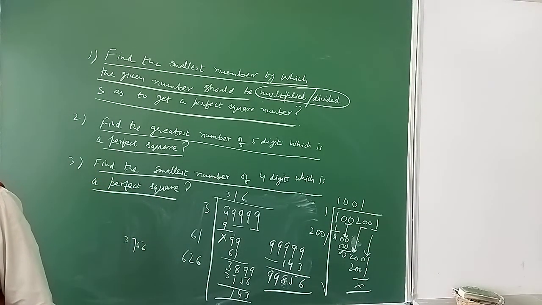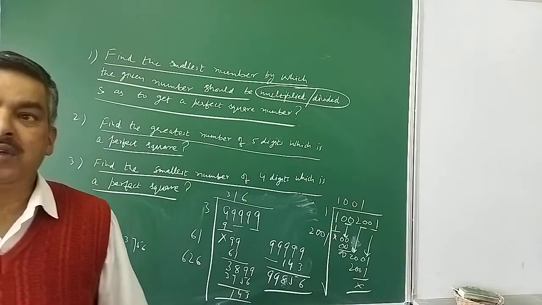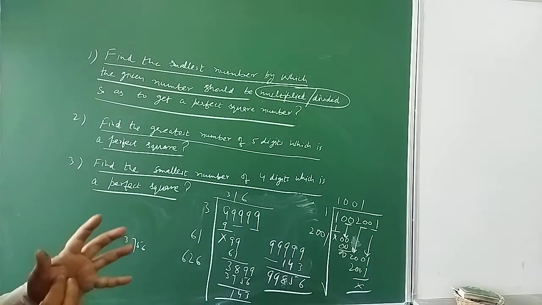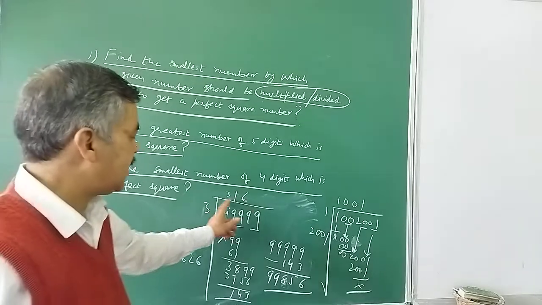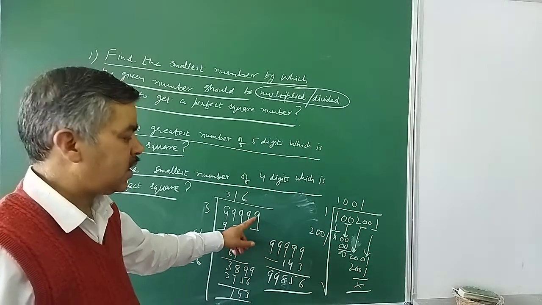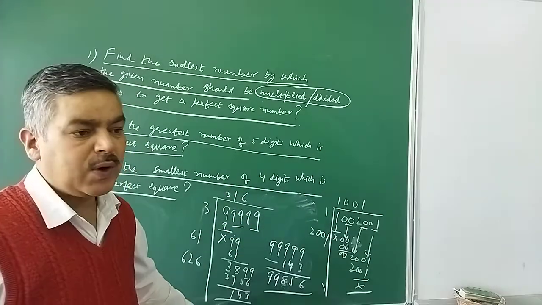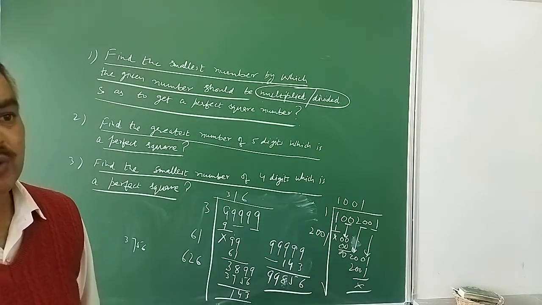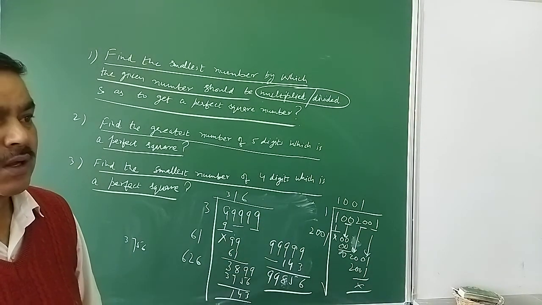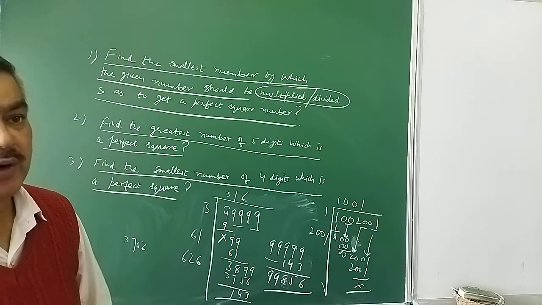So in that way you can determine the greatest number of as many digits as it is given. Here it was 5, so I have written the greatest number of 5 digits. Your proceedings are quite similar to finding the square root of any given number, whether it is a perfect square or not.